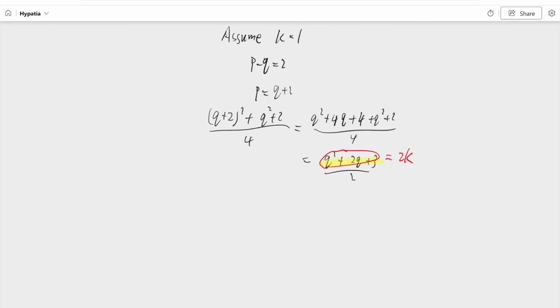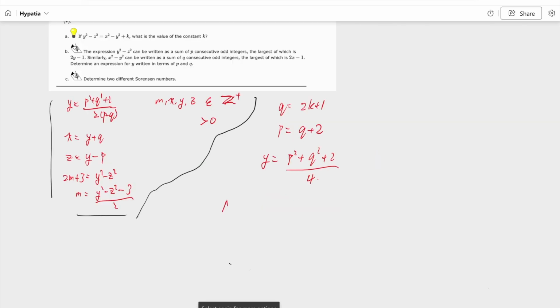So q squared plus 2q has to be an odd number, in order to let odd number plus odd number equal 2k, an even number. As a result, q and p are odd numbers. When q equals 1, we get y equal to 25, but z is equal to 0, which contradicts our condition.